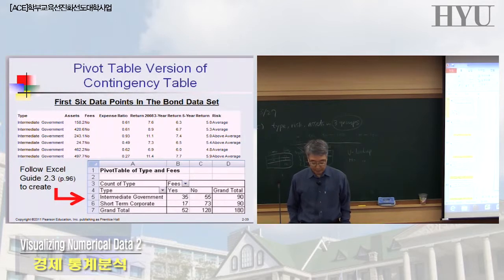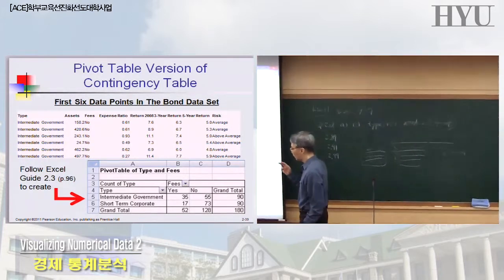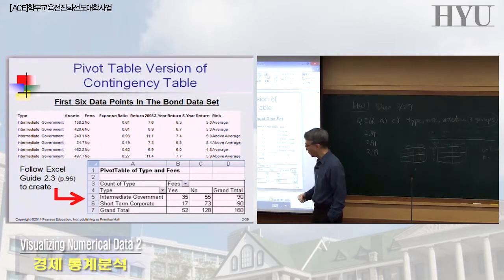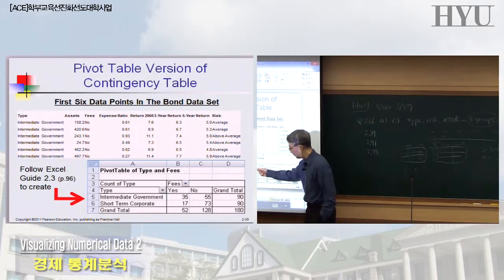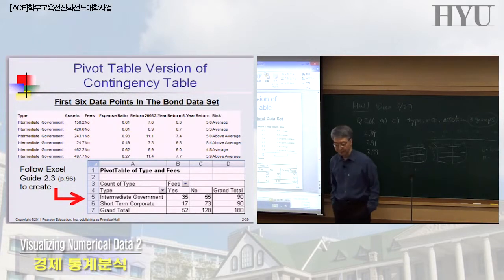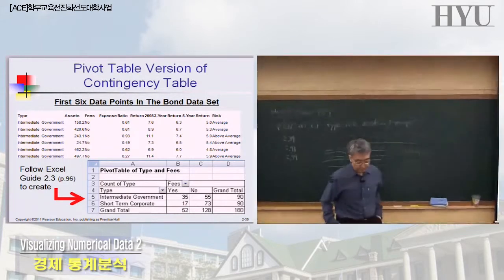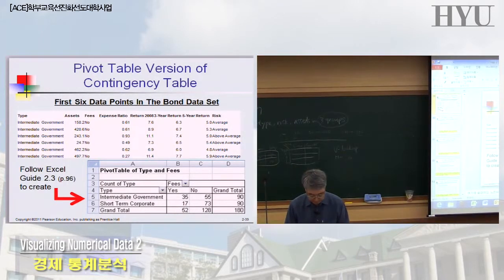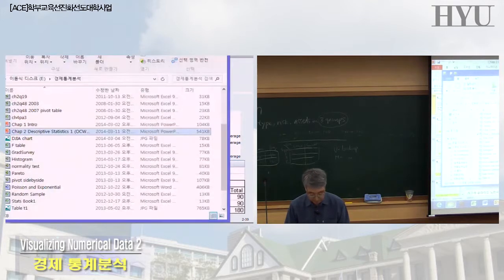So suppose you want to create a two-way classification. On the row side, we want to have the type of fund, and then on the column side, you want to have whether they charge fees or not. Well, let's go back to the data. Let's see, it should be somewhere here.